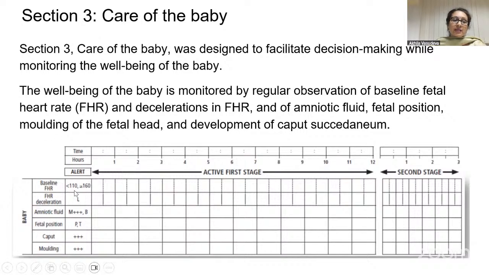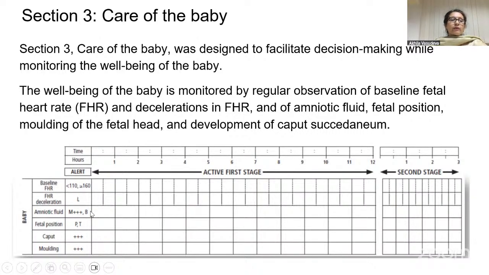Any fetal heart rate less than 110 is an alert. Any fetal heart rate more than 160 baseline is an alert, and late deceleration is an alert. That means you have to continue to monitor for 1 full minute beyond the contraction. So if you can give that much intense monitoring with auscultation, you are most welcome to do that. All you need to see is baseline and deceleration.